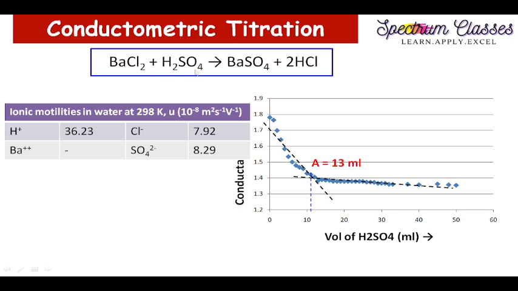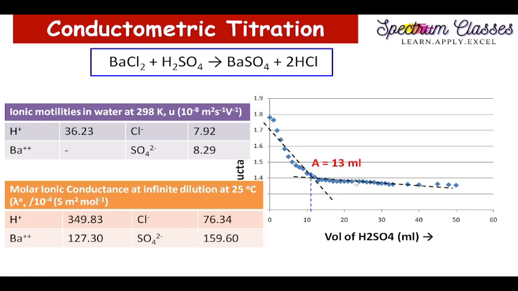So barium sulfate is formed, which is insoluble in water, and it forms a precipitate in the titration vessel, and HCl is formed there. So the conductance value initially decreases. After the endpoint it should increase, but I didn't get any increase in the conductance value.